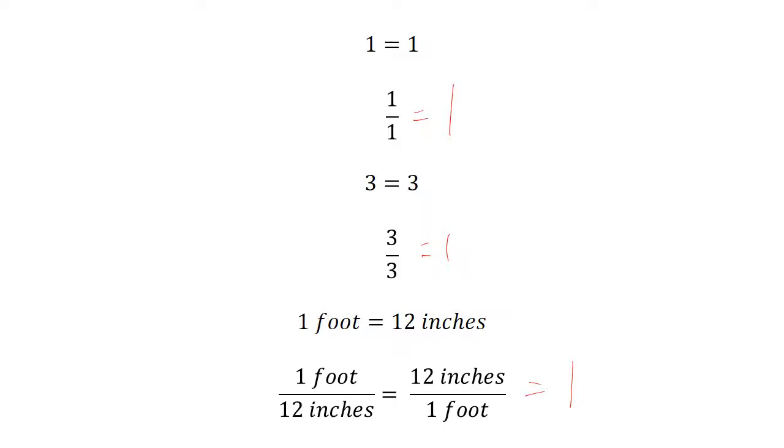So 3 divided by 3 is 1. So 1 foot divided by 12 inches, because 1 foot and 12 inches are the same thing, is going to be equal to 1. Now, why is that important? If we take any given quantity, let's say a 5, and we multiply it by a 1, what do we get? We get a 5. We're going to use both of those ideas in converting units.